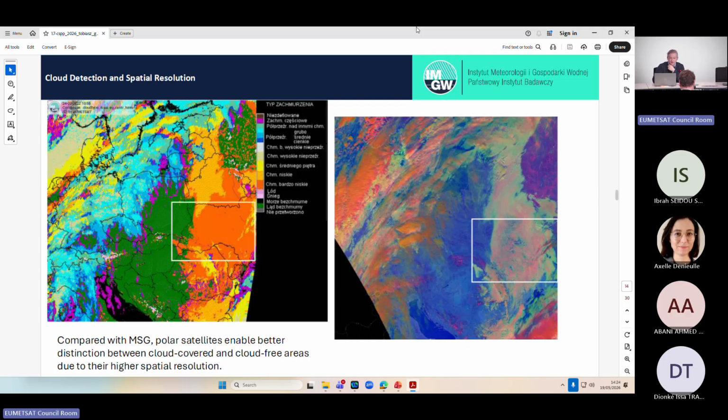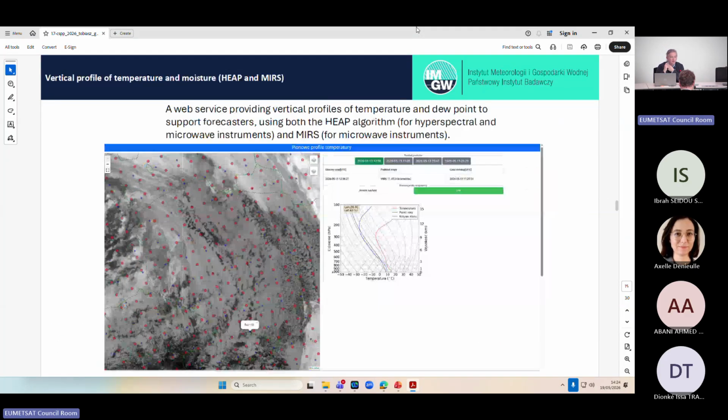Okay, but the next step is to use HIP and MiRS data, and we can compute vertical temperature and moisture profiles from these products.